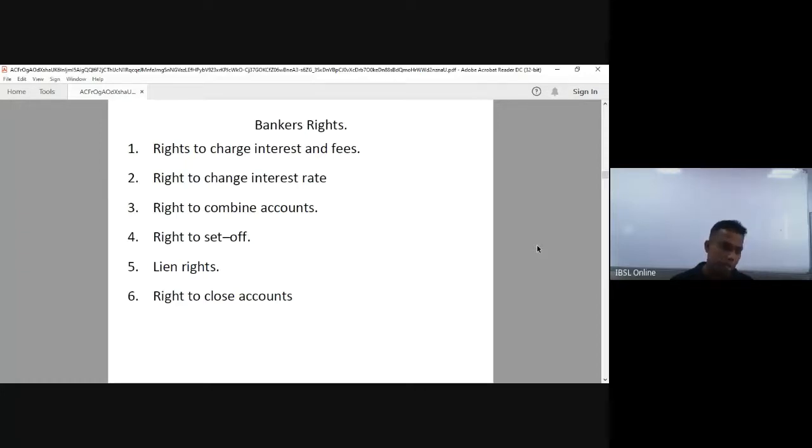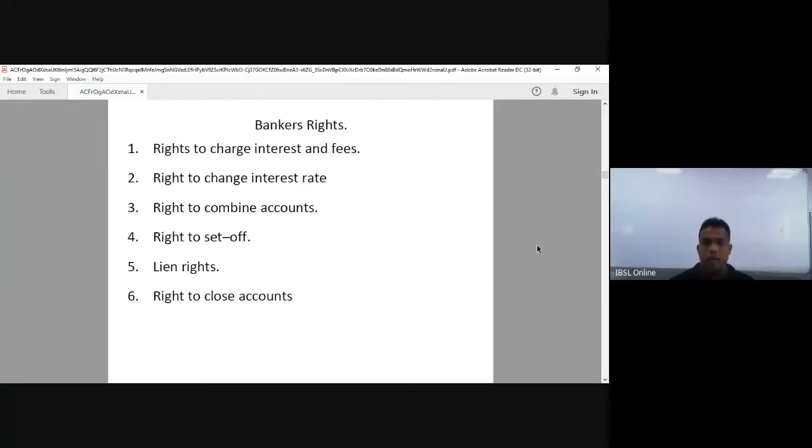I am sure many of the bankers here have not read these terms and conditions. However, even though that is not in the terms and conditions, this is a right recognized to the banks under the banker-customer relationship, recognized by courts of law. That is, the bank can charge interest for the facilities of advances that they give to their customers.